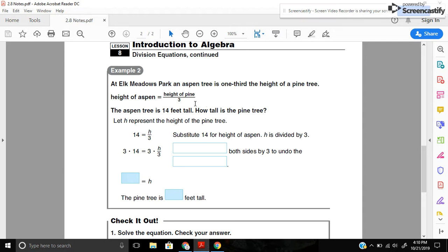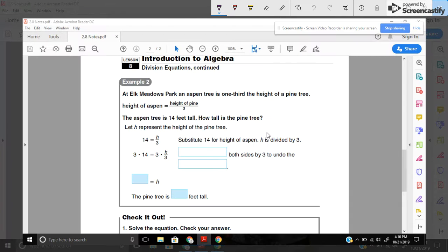Multiplying by a third and dividing by 3 are the exact same thing. The aspen tree is 14 feet tall. How tall is the pine tree? We substitute in 14 for the aspen, so that equals the height of the pine tree divided by 3.